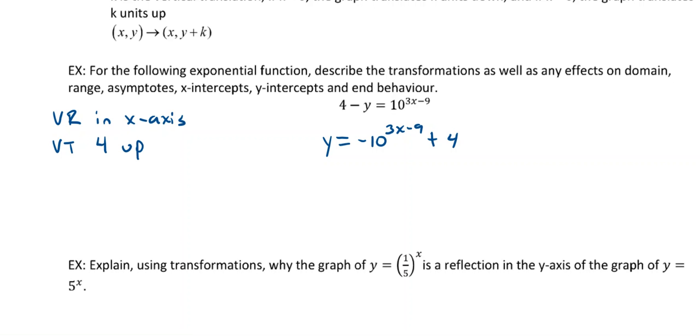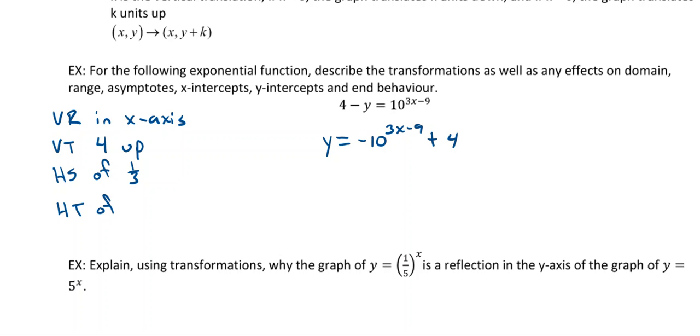What else? We've got a horizontal stretch of what? Yep, 1/3. Perfect, 1/3. And then a horizontal translation of what? Yep, 3 to the right. Yeah, good job. I was trying to trick you there.